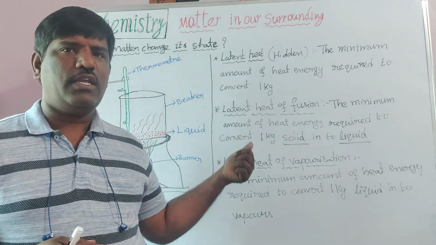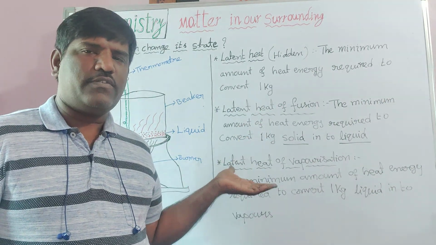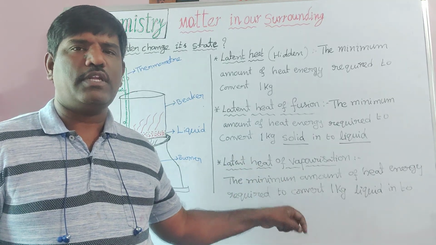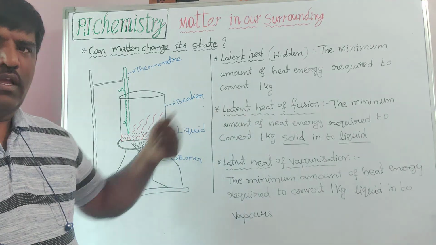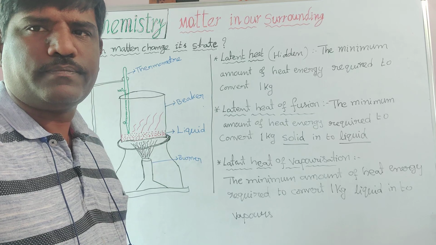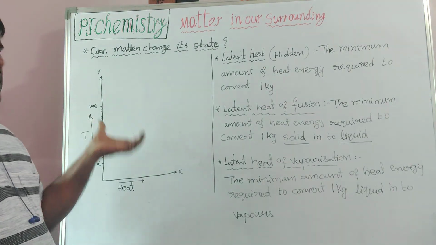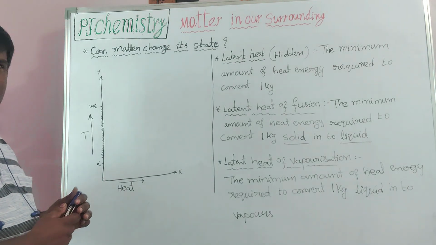In the same way, the heat energy required to convert 1 kg of liquid into vapors, we call latent heat of vaporization. And one small graph is also there. Through this graph we are going to discuss latent heat.